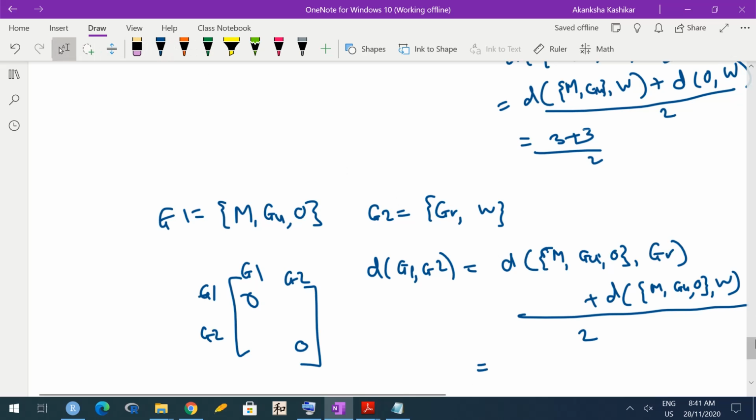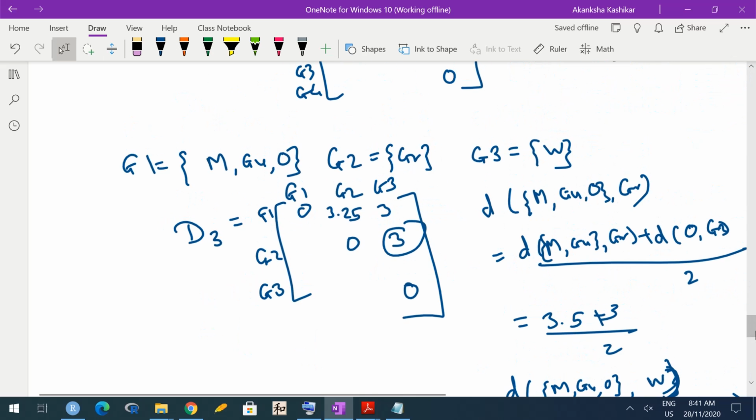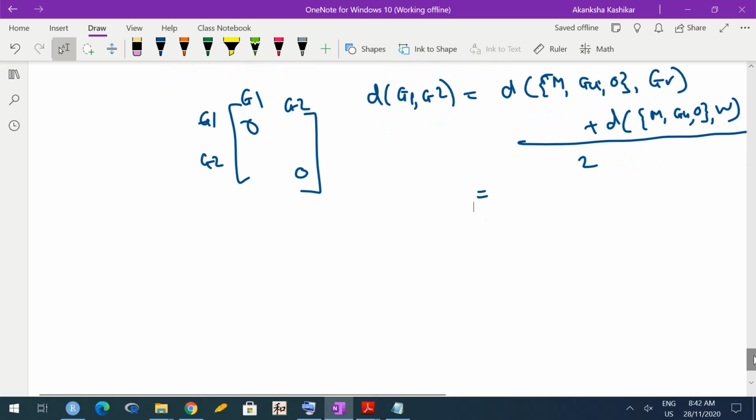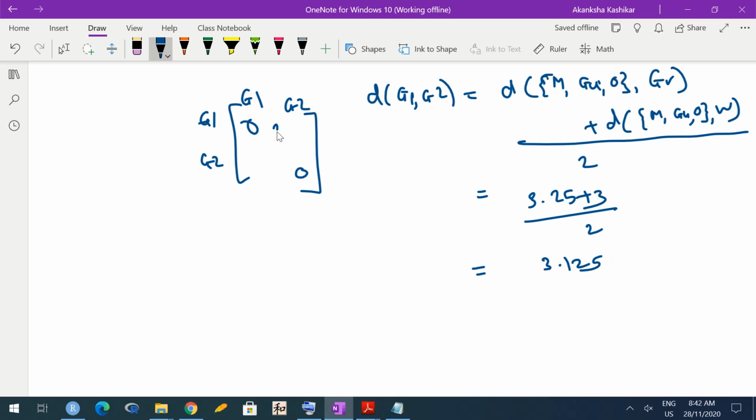Let me go up and check. Mango, guava, orange with grape is 3.25, and mango, guava, orange with watermelon is 3. So it is 3.25 plus 3 by 2. So this is 3.125.